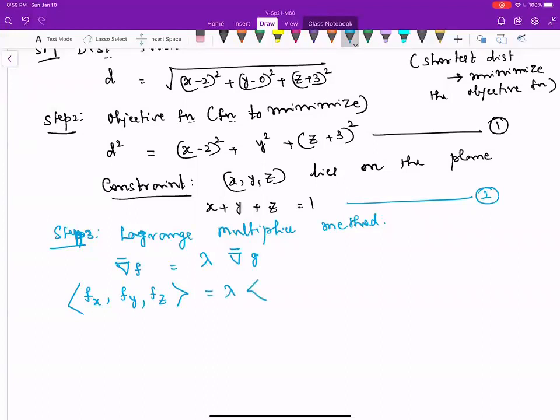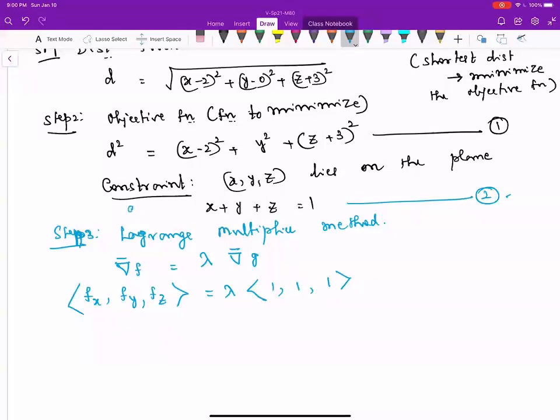Lambda times del g is the partial derivative of g with respect to x, which is 1 from equation 2, then again with respect to y, with respect to z for the function g.